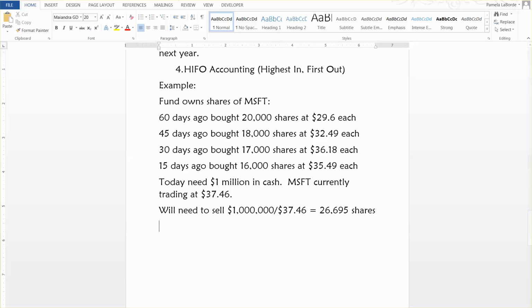So what I'm going to do is sell, I'll highlight those. I'm going to sell these first. So since I own 17,000 of them and I need to sell about 27,000 of them, I'm going to sell all 17,000 shares at a cost of 36.18.